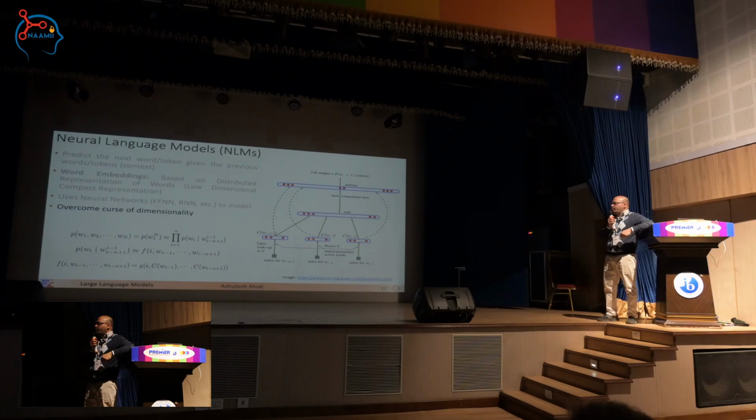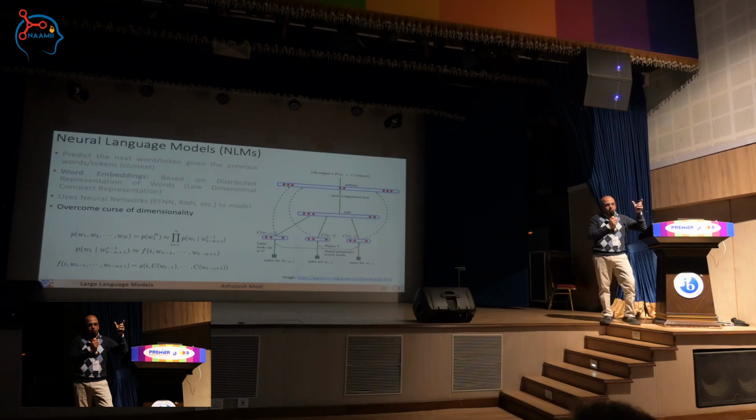The good thing about this is that it helps to overcome the curse of dimensionality. And why is that the case? Because now you are learning the embedding for the word based on how that word occurs in the context of the others. So now, during testing, if you come across a word which was never seen during training, but the words in its neighborhood were there, then you will get some meaning of that word from the context in which it occurs, right?